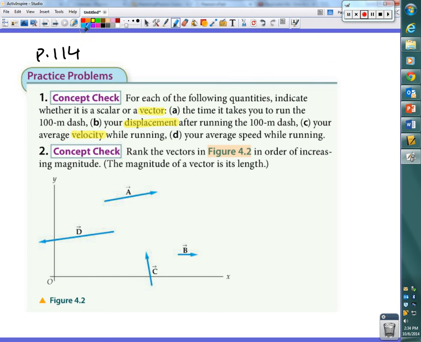And then that leaves us with the scalars. Time's going to be a scalar, okay? There's no direction on time, it's just how much time elapses, right? But then also, average speed is going to be a scalar as well, because average speed only tells us magnitude, which in the case of speed tells us what, Krista?